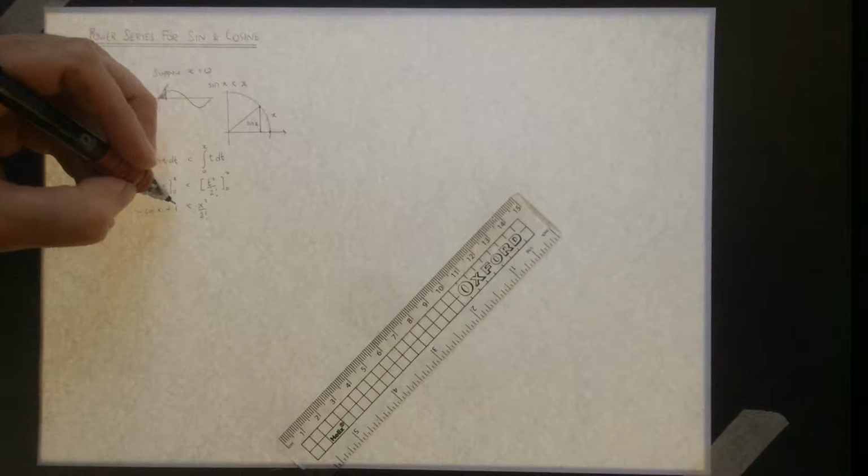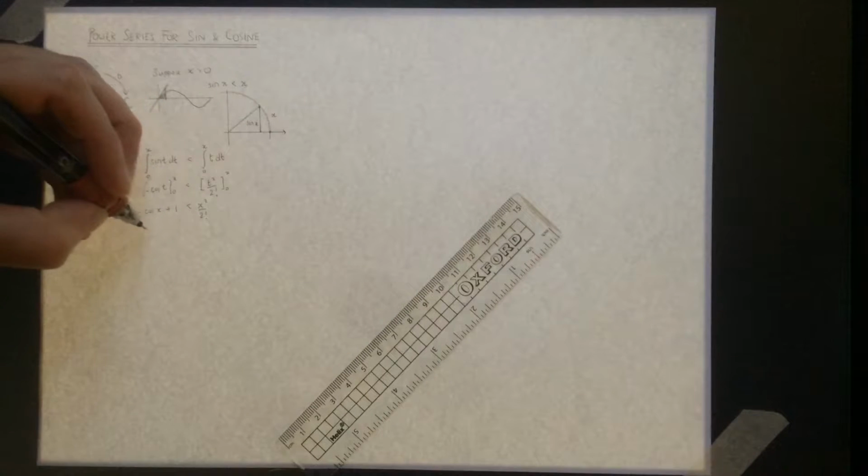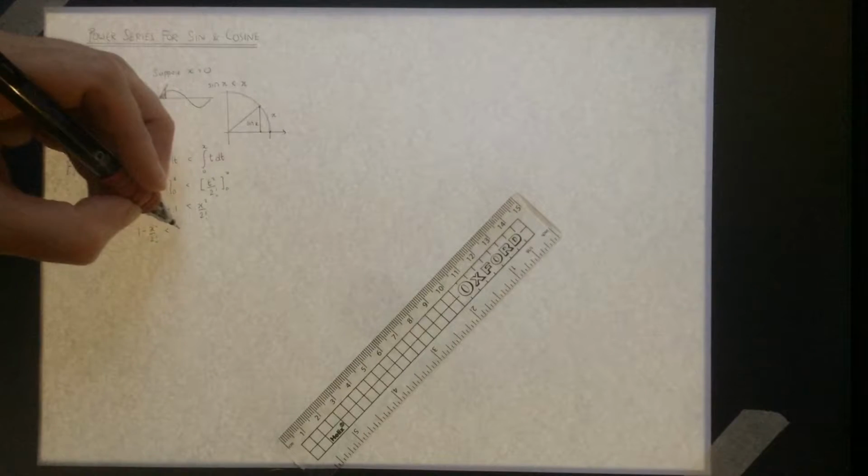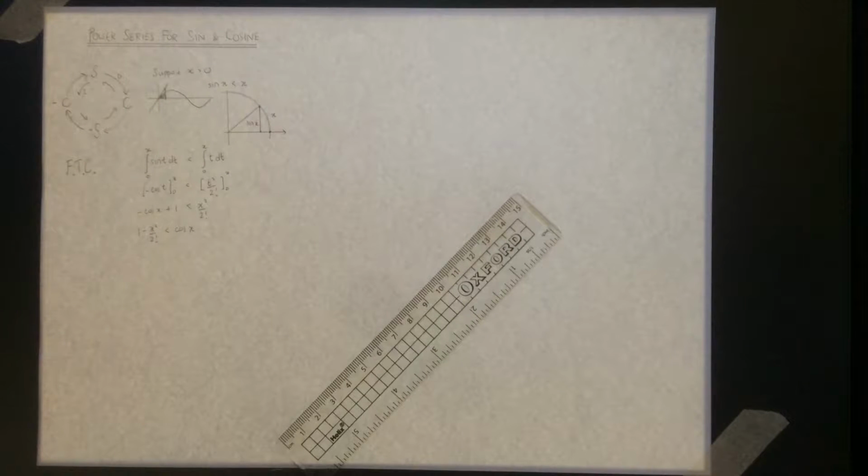Moving this across to this side, we have 1 minus x squared over 2 factorial is less than cos of x. And this is going to be true for all x greater than 0.